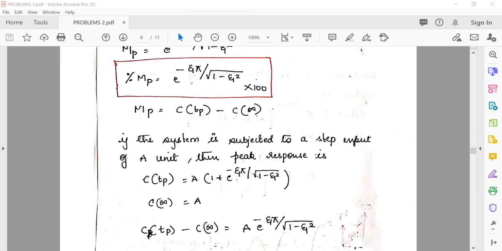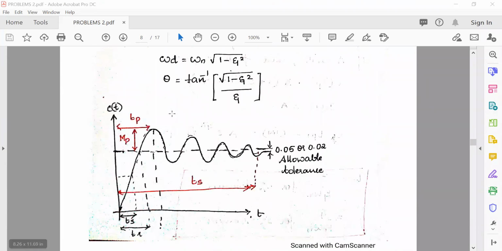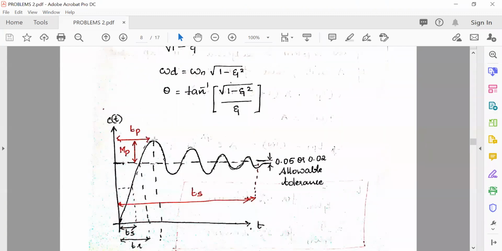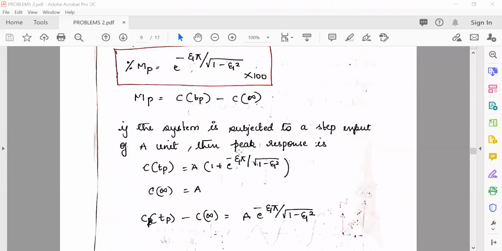So what is the peak overshoot? How much is the maximum overshoot? This overshoot value from here to here is the difference between the maximum value and A. The difference between these two points is the peak overshoot. This is at infinity and this is the magnitude at the first overshoot, which is C at TP.